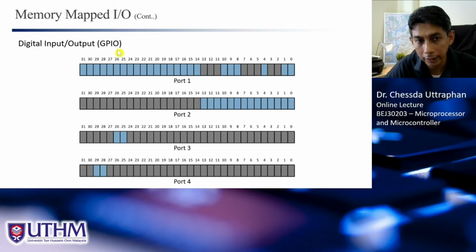For example, if we configure this port as input, we need to connect this pin to input devices: switches, keyboard. But if we configure this port to be an output, we need to connect this pin to output devices, for example the LCD, the LED, the motor, right? So that is how we need to configure the port first.